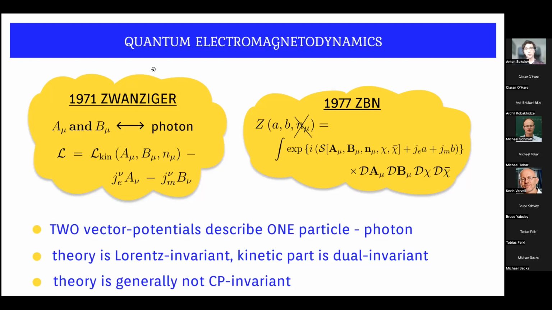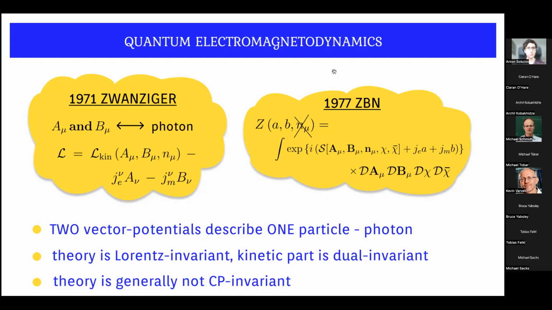The theory is called quantum electromagnetic dynamics, and it was formulated first by Schwinger and then by Zwanziger, but actually Schwinger formulated it in a non-local fashion. The Zwanziger approach is advantageous in the sense that the Lagrangian is local, so we don't have any non-localities, and also we get this manifest electric-magnetic duality symmetry, a rotation in the AB plane.